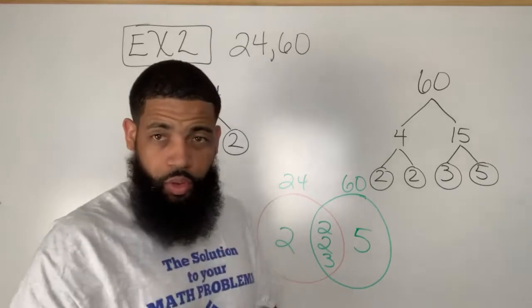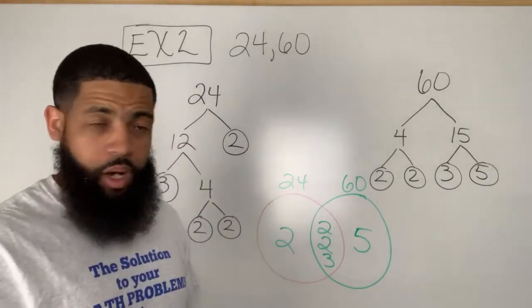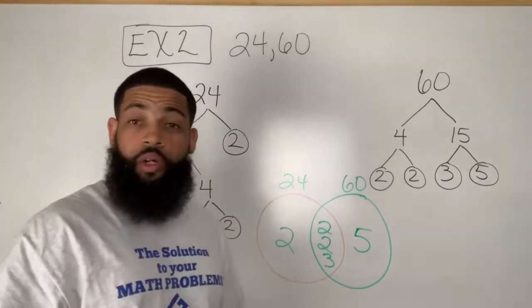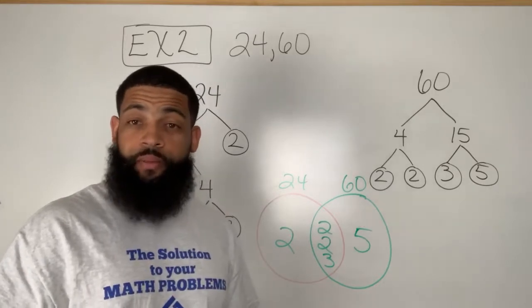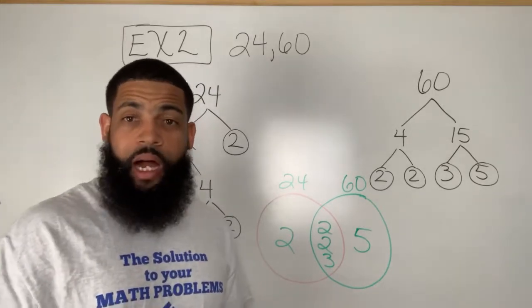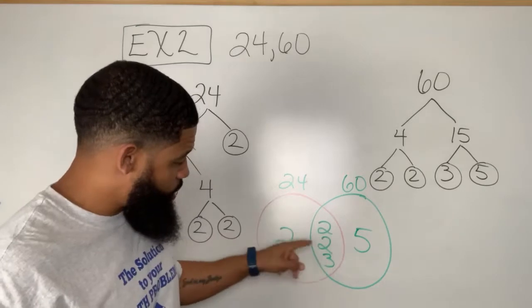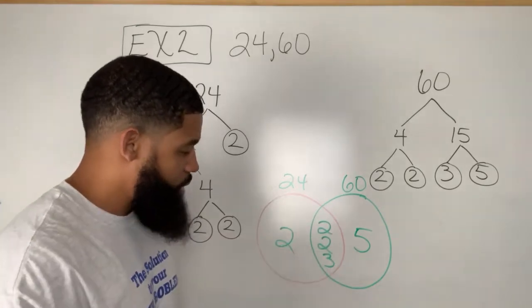Those are the common prime factors that they have. Once again, in order to find the least common multiple, I'm going to multiply these three and then multiply times 2 times 5.